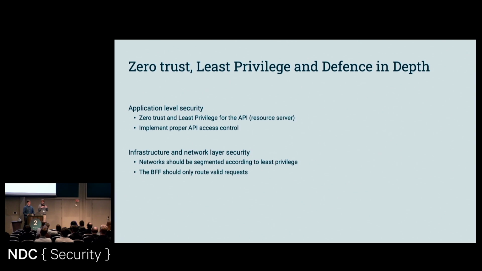The API needs to be able to do proper access control on its own. But to talk about all this is a talk of its own, and we will just focus on two things in this presentation. That's to implement proper API access control and the routing, so that the BFF should only route valid requests and not to the system integration endpoint. So let's take a look at how we can fix that.